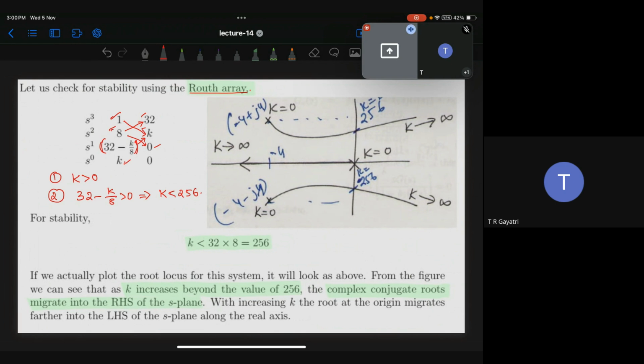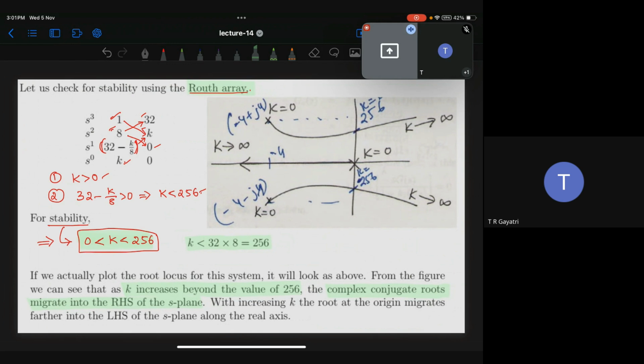So one value is k greater than 0, another is k less than 256. It means that for stability, your k must be 0 less than k less than 256. Clear? Yes, sir. So you can take any value of k between this range, it will make your system stable.